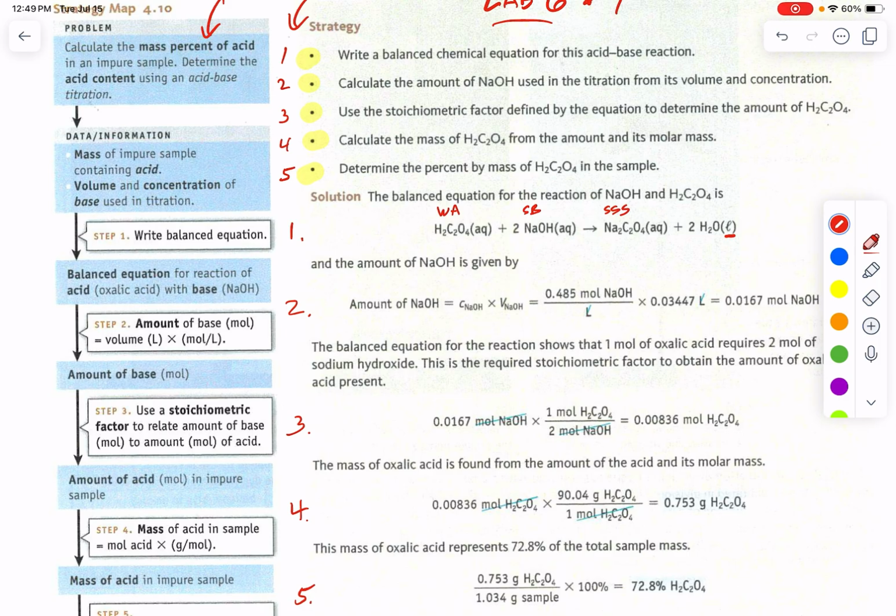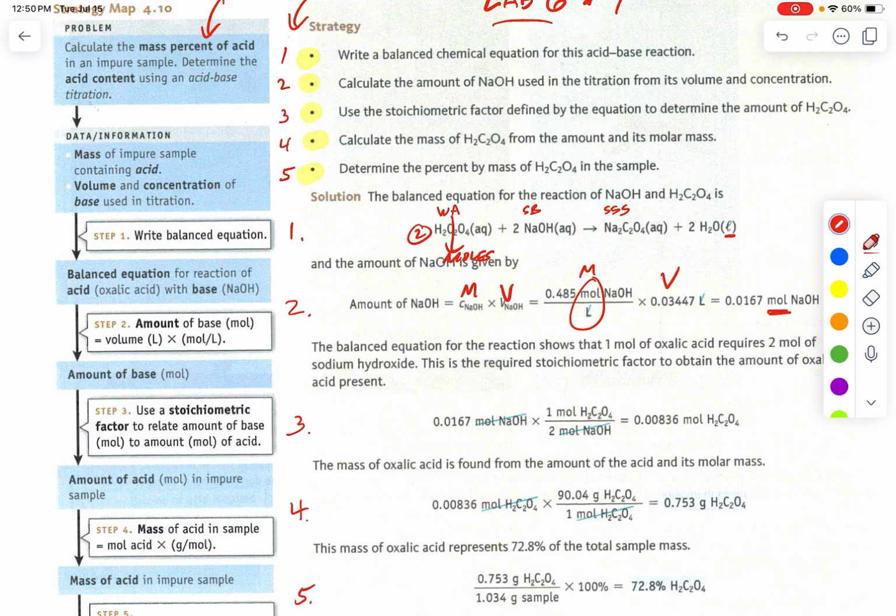In step number 2, you're going to be multiplying your molarity. They use the letter C for concentration, times your volume. There's your molarity times your volume to get your moles. So that's what's done right here. In step 2, you're getting your moles of sodium hydroxide solution.